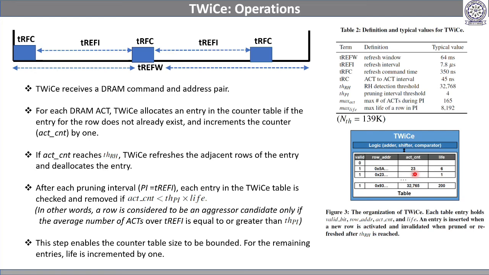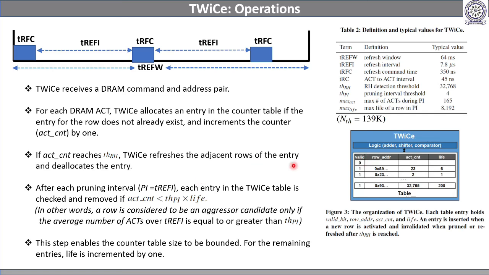We have to refresh the neighboring rows, or the victim rows. So that is written here. If the activation count reaches this RH detection threshold, then TWiCe refreshes the adjacent rows of the entry and deallocates the entry. After refreshing the victim rows, it will deallocate the entry. Deallocation only means changing this bit from 1 to 0. That's it. That is the deallocation here.